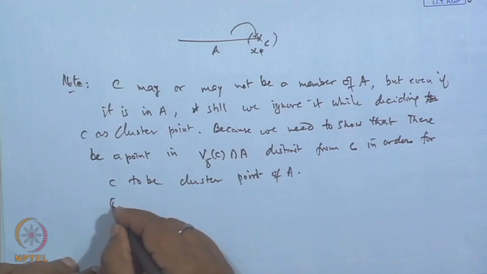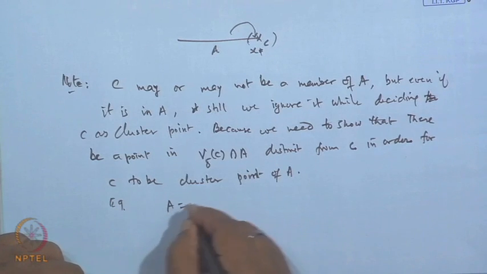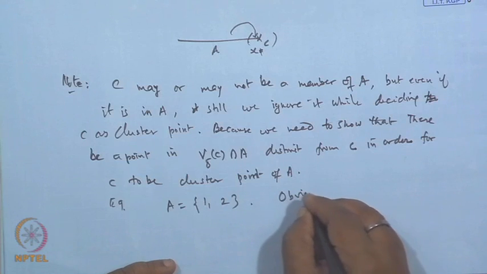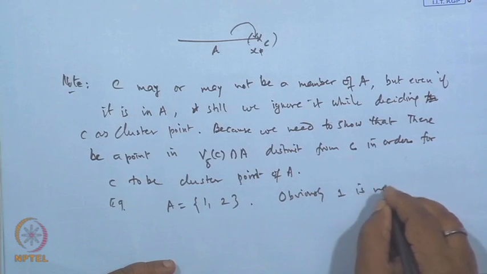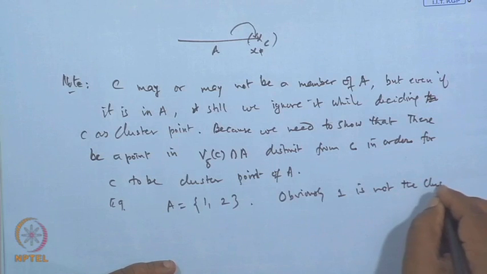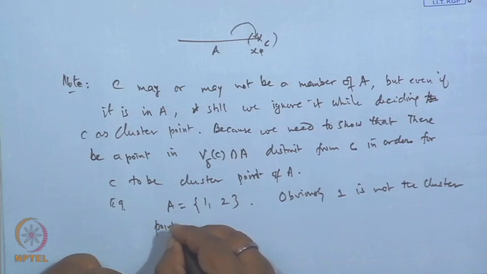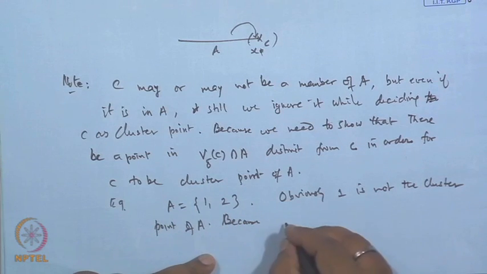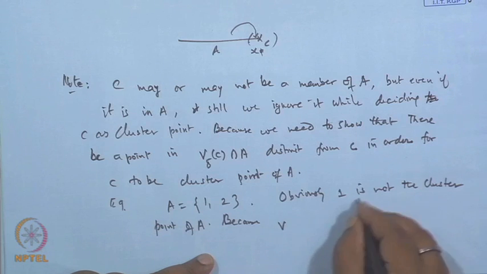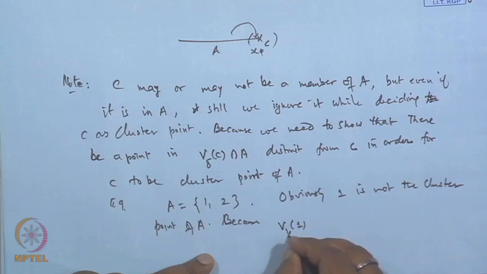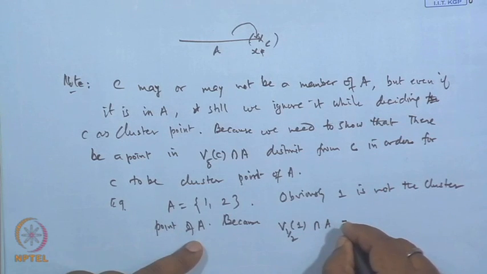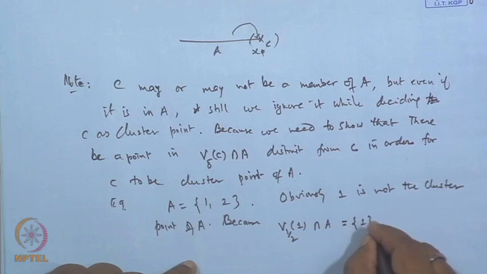For example, suppose A is a set having two elements, 1 and 2. Then 1 is not a cluster point of A. Why? If I take the neighborhood of 1 with radius half and find the intersection with A, this set contains only the single point 1.